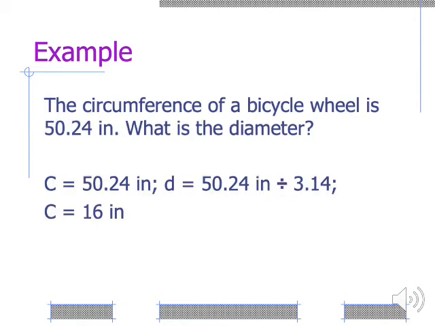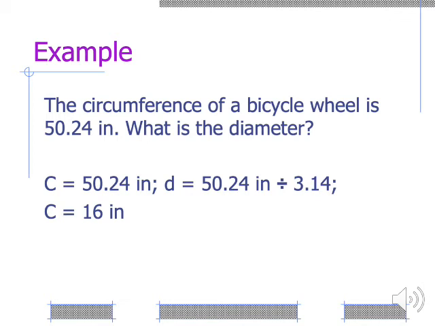Okay, the circumference of a bicycle wheel is 50.24. What is its diameter? So you're given the circumference of the wheel, which is 50.24, and you are asked to find the diameter.